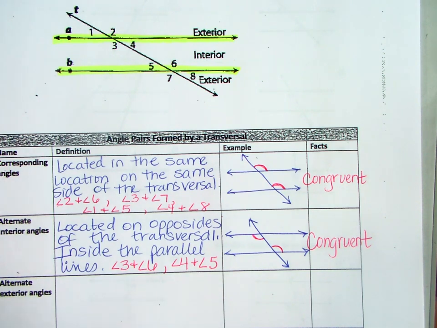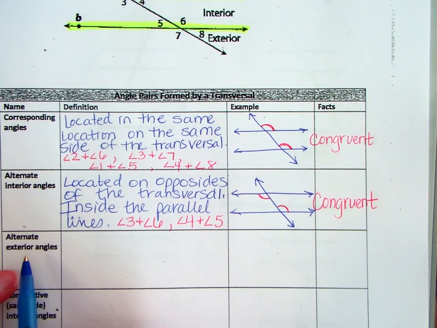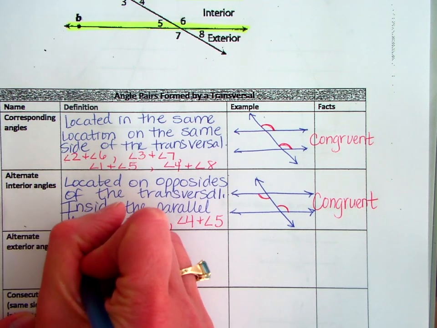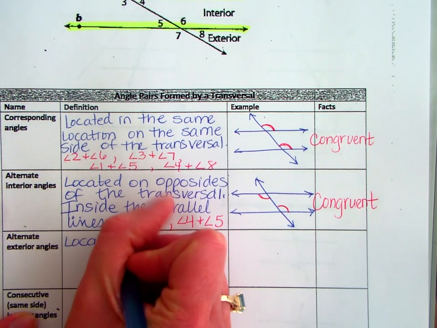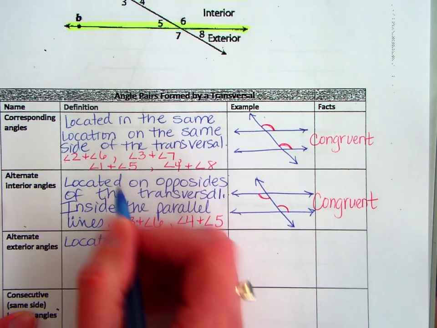All right, this one is very similar to the one up above, except now it's alternate exterior, so on the outside of the parallel lines. So again, it's going to be located on opposite sides of the transversal.